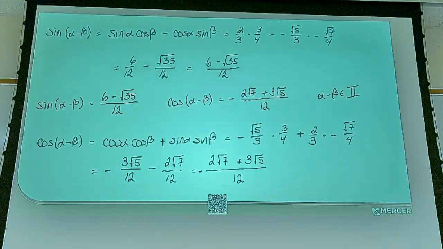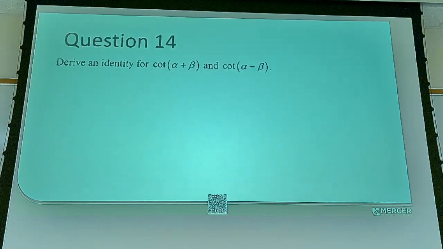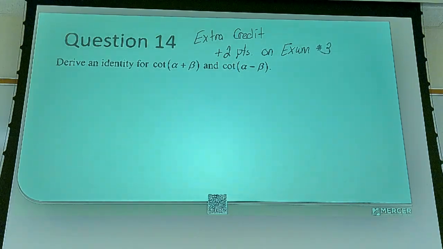Any questions on the sum and difference identities? I think everyone did. If you do that, turn it in to me on Monday.